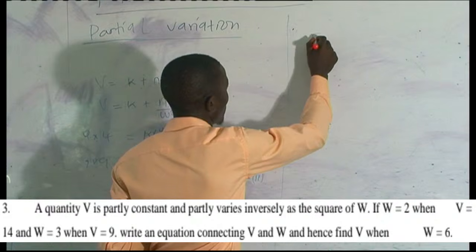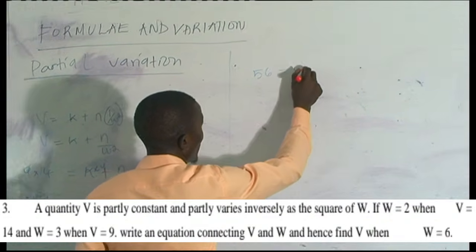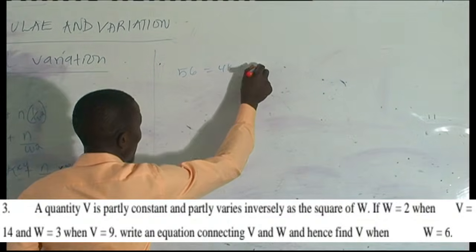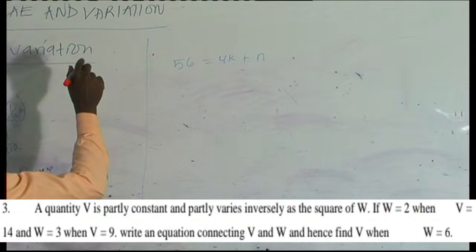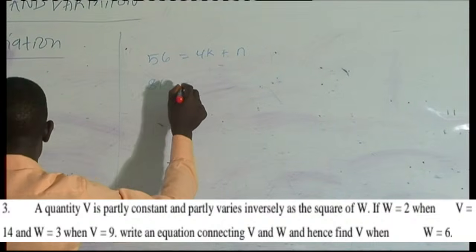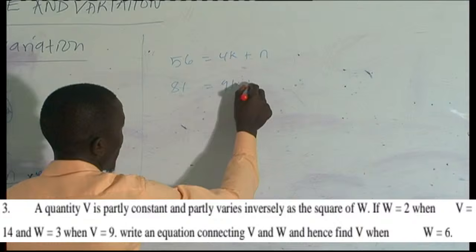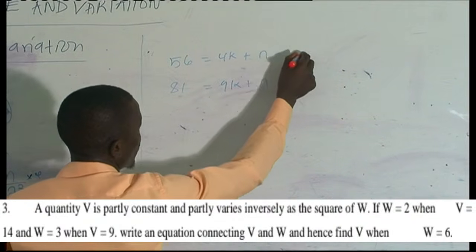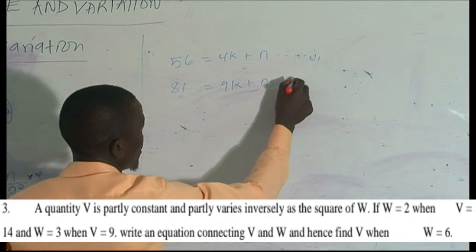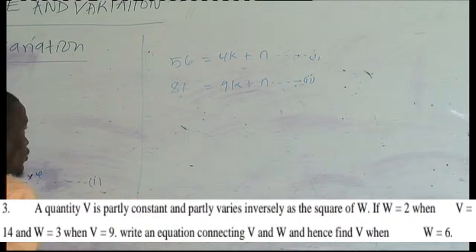We can say we have 56 is equal to 4K plus N. Then we have 81 is equal to 9K plus N. So this one is equation 1, this one is equation 2.